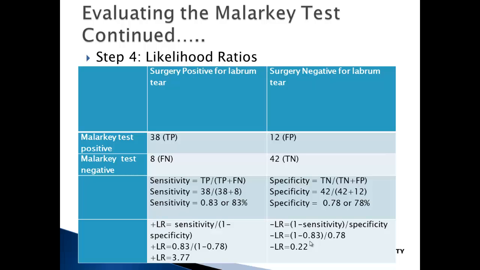Now sometimes this might be a little higher or a little bit lower depending on the situation. So a test that is useful to us will be able to shift the probability of a true positive or a true negative result away from that pretest probability. So if the pretest probability is 50%, a useful test will shift that probability away from 50%.